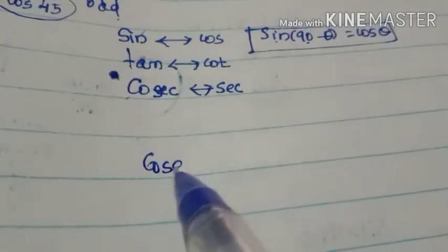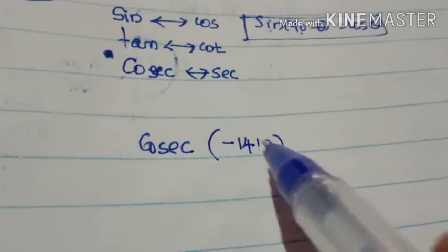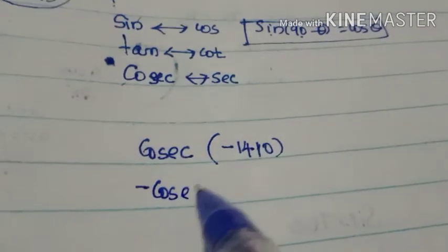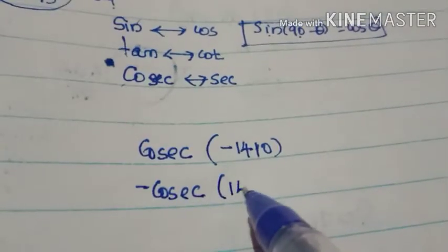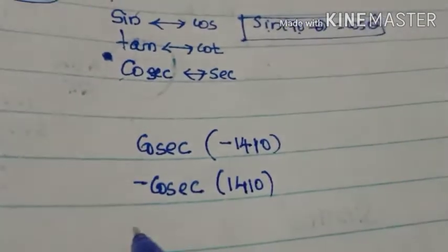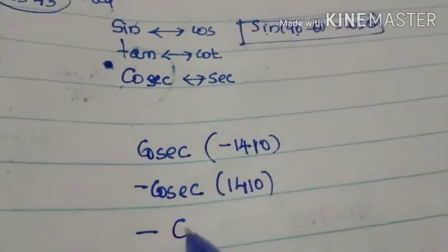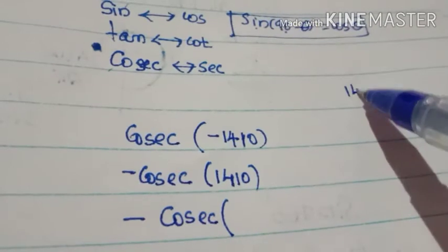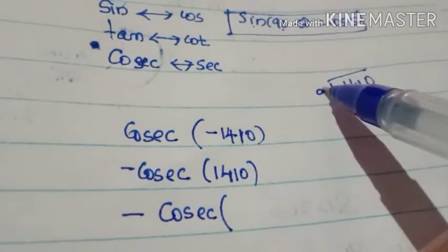See the question, cosec of negative 1410. So take the negative sign outside, negative cosec 1410. Now convert this angle into multiples of 90. So just divide by 90, or by 9.